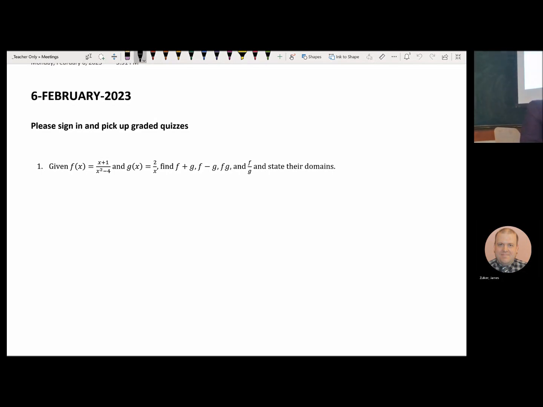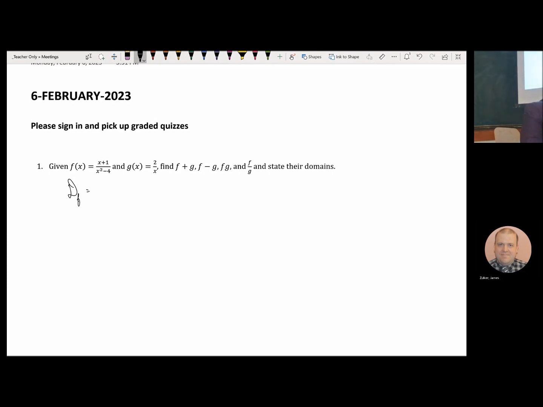Let's start by stating the domain of f and the domain of g. What is the domain of f? Negative infinity, -2, union... to infinity.